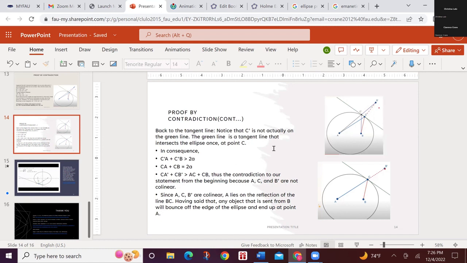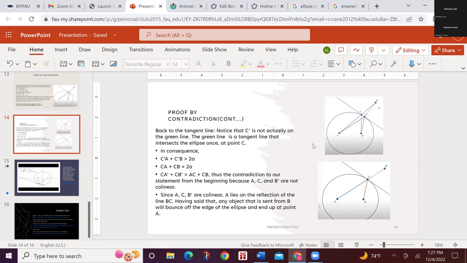The green line is a tangent line that intersects the ellipse once, it cannot intersect the ellipse twice, just at one point, which is C. In consequence, C prime A plus C prime B prime have to be greater than 2A, and CA plus CB equals 2A. So now we know C prime A plus C prime B prime must be greater than AC plus CB.